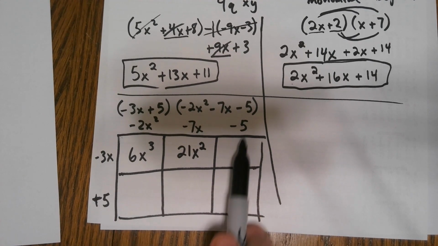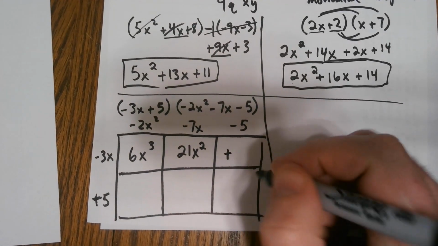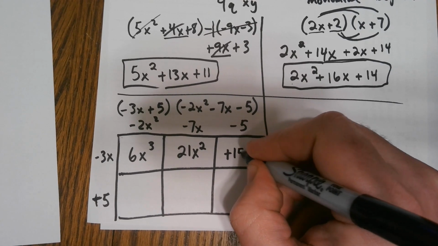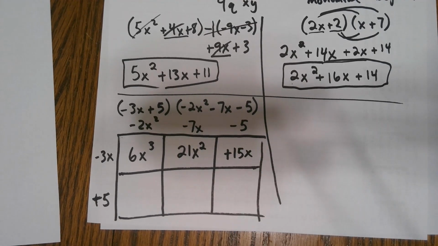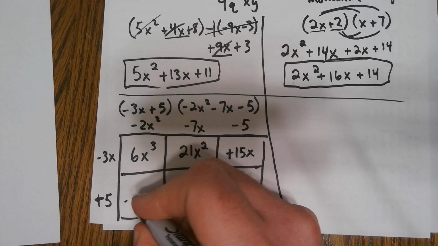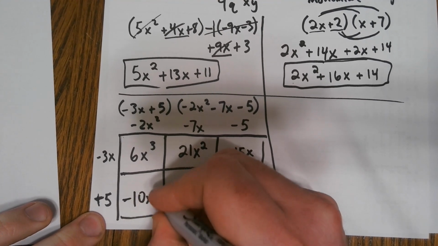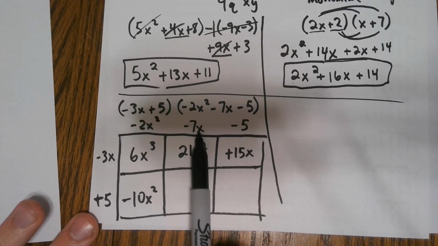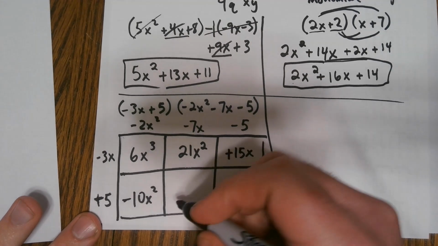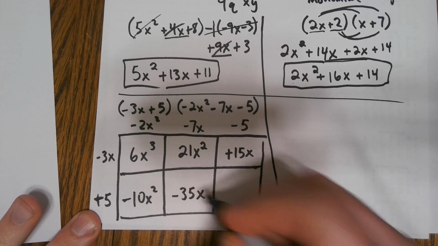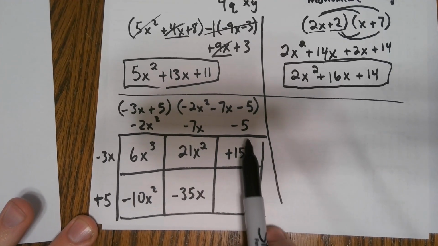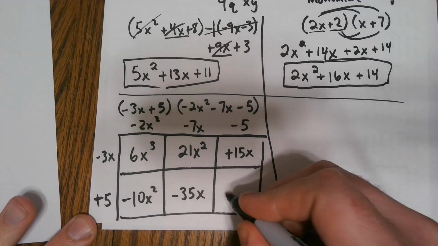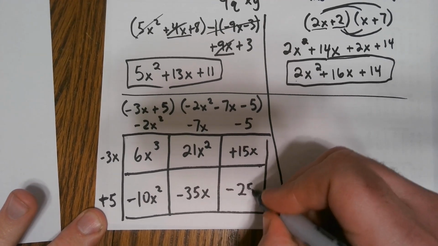Negative 3x times negative 5 is positive 15x. And negative 2x squared times positive 5 is negative 10x squared. Negative 7x times 5, negative 35x. Finally, negative 5 times positive 5 is negative 25.